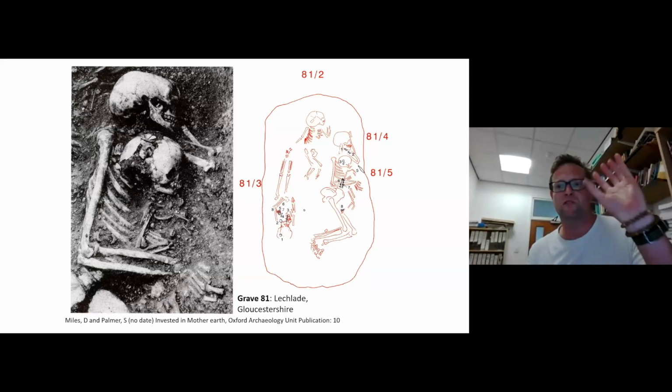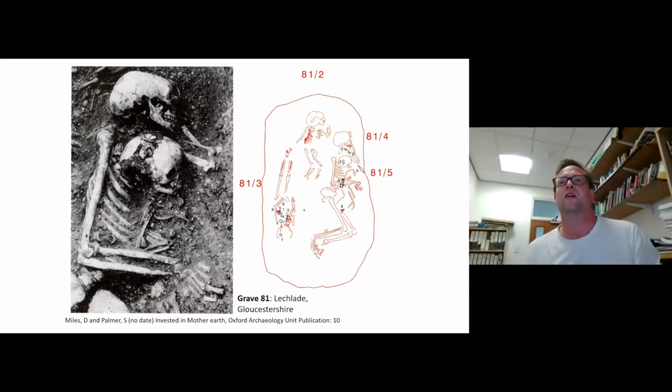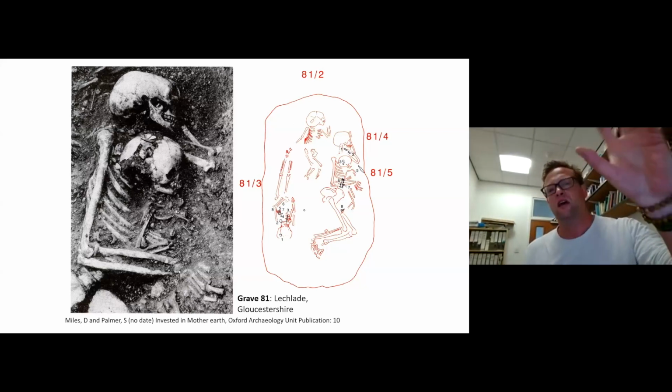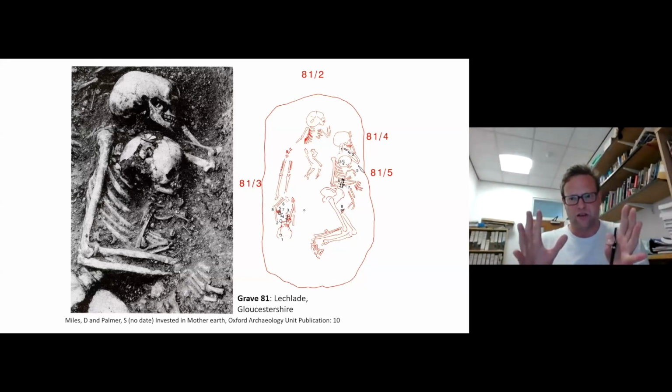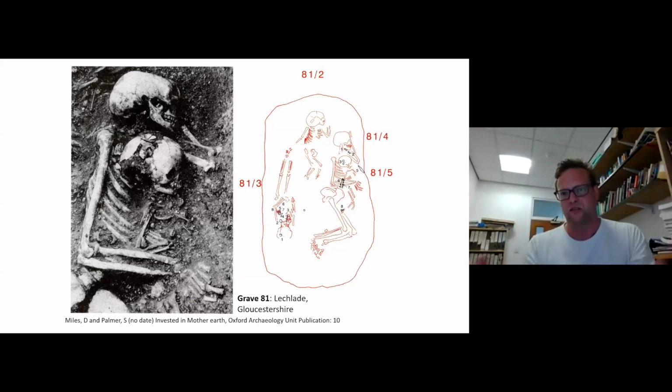Here's another really nice example of that, from Lechlade in Gloucestershire, a child aged about 11 or 12 holding a baby in her arms. And you can see the bigger picture on the right-hand side. Again, I put this in here to illustrate that participation in a much wider experience than just a singular burial.